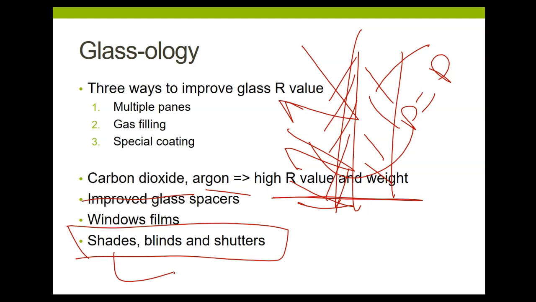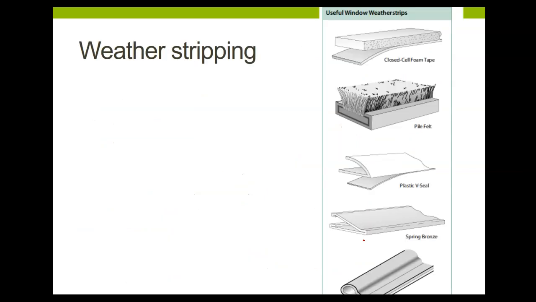So shades and curtains are very good for both seasons, summer and winter. Blinds as well. Shutters are the best option because some of them completely shut down the window from the outside and provide a space that acts as a barrier between the outside and the inside.